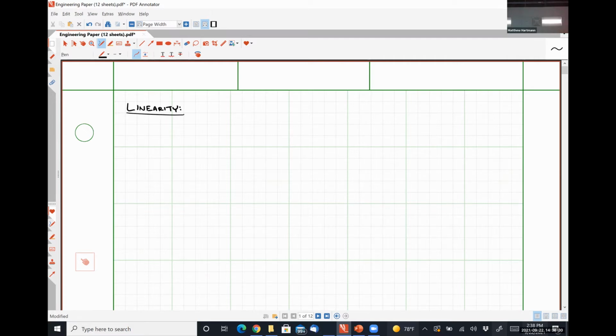So let's say that we have a black box system, where I have some input x1 of t and some input x2 of t. Told you this was going to be a bit weird.